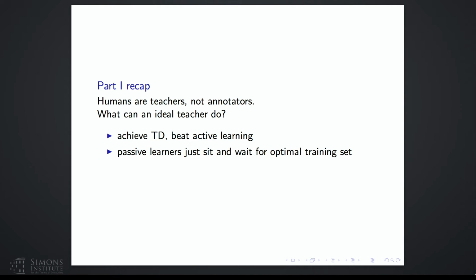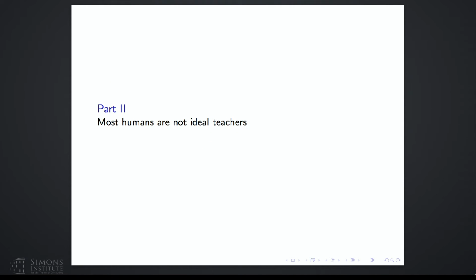So let's move on to the second part. The second part is, of course, most humans are not ideal teachers. I'm going to keep using the 1D threshold classification task as an example because it really shows you how crazy human teachers are. We actually ran a human experiment. These are undergraduate students.